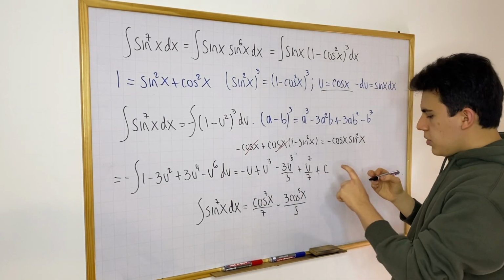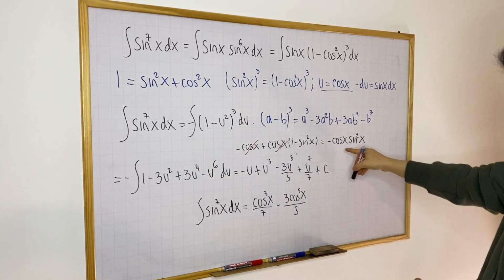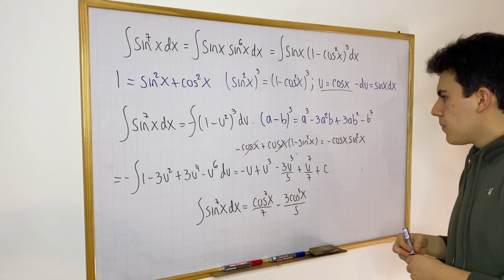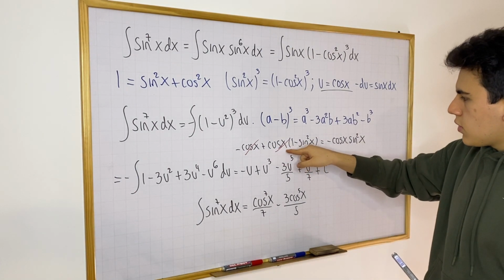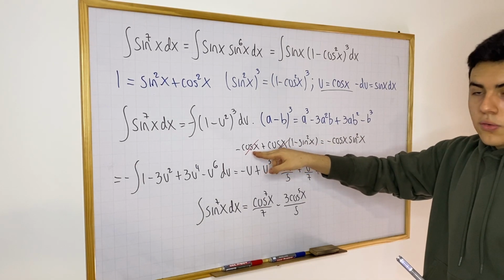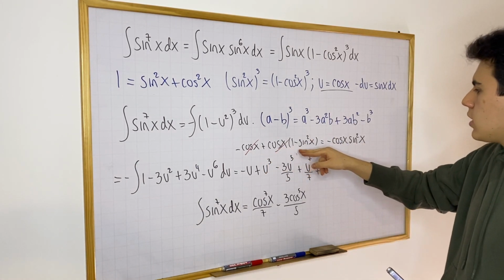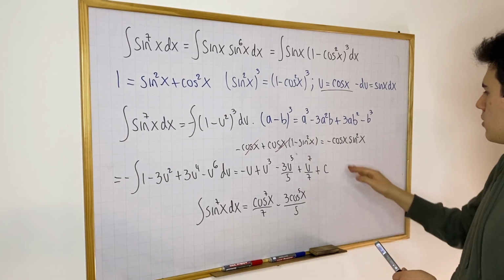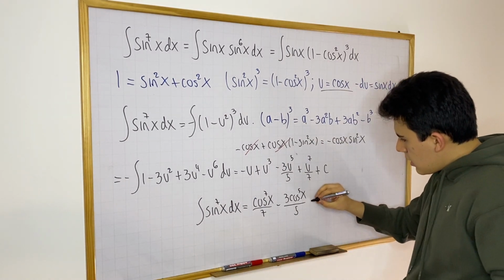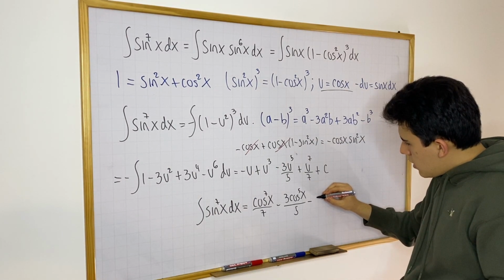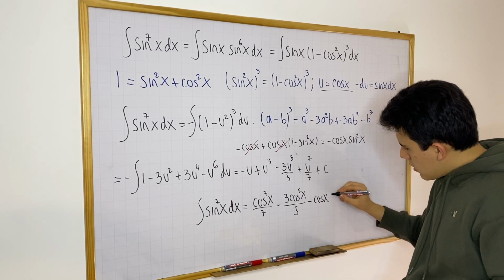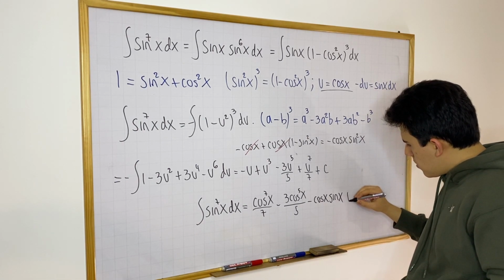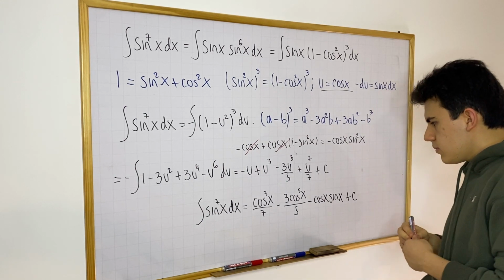So minus u plus u to the third power can also be simplified as this term right here, okay? Because you distribute cosine x times 1 minus cosine squared x, that goes away, and you have cosine x times minus sine squared, you get this. So I'm just going to say that this will be equal to minus cosine x sine squared x plus c, okay?